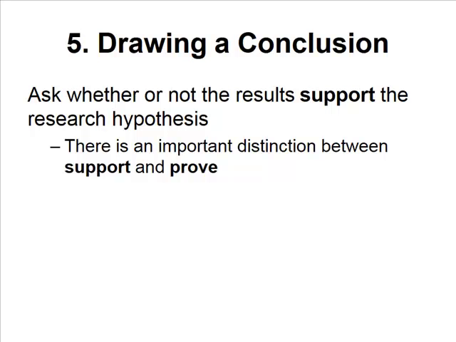Now I have to sort of have a digression here, because social science is not a hard science. We are not creating laws of physics here. We still talk about things in terms of theories and whether or not data supports a theory.